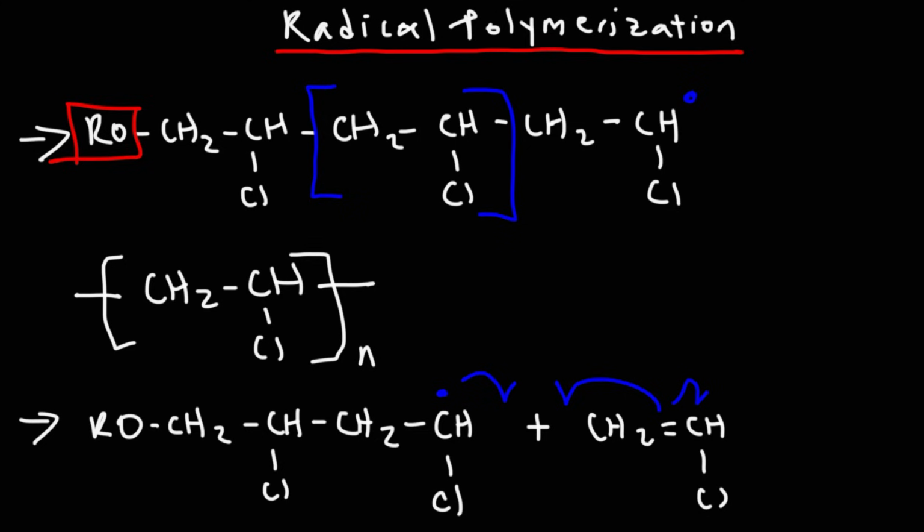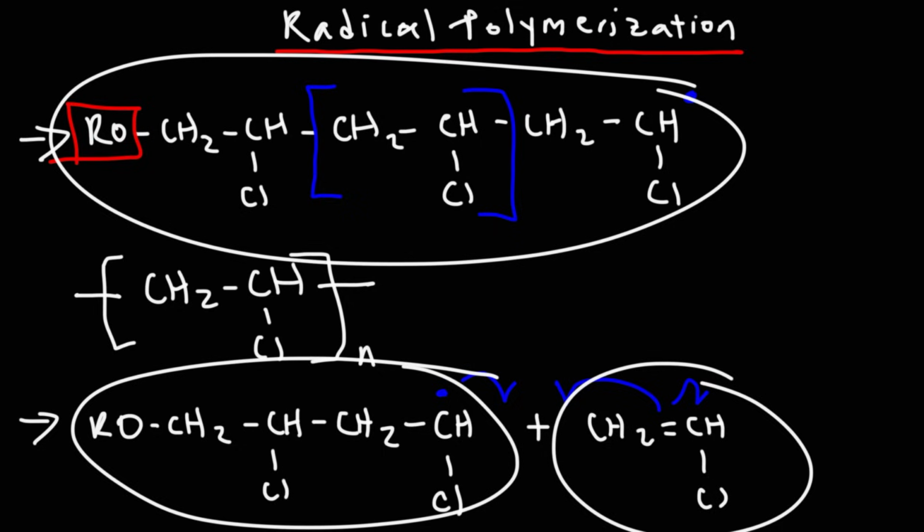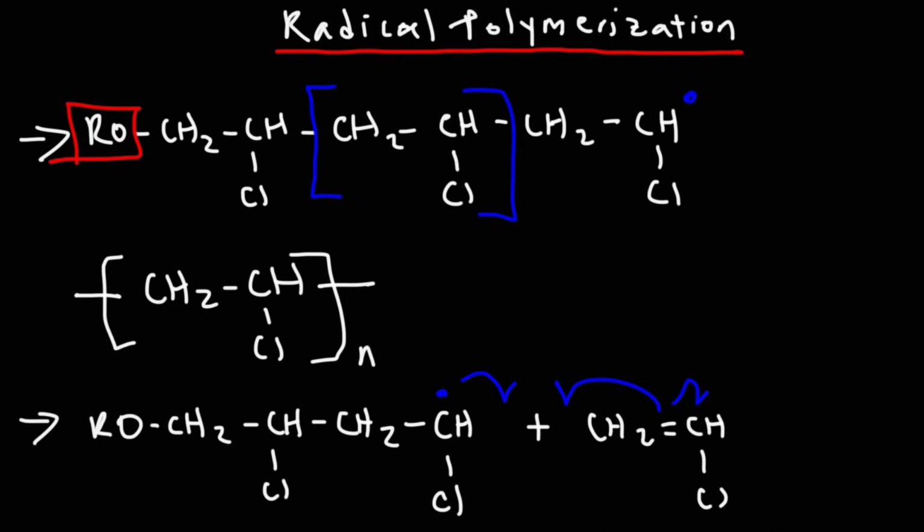Now, so far, we talked about the initiation step of this mechanism, which was the formation of the radicals. This step here, where we had a radical reacting with an alkene to produce another radical, that's a propagation step. Now there's also termination steps. If this meets up with another radical, these two can get together and they can basically terminate the reaction.